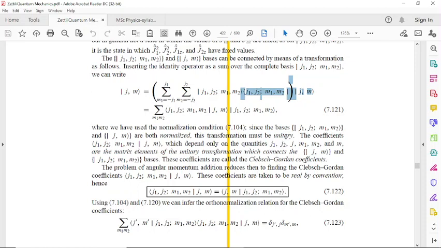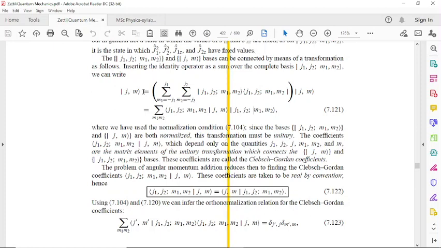The coefficients bra J1, J2, M1, M2, ket JM, which depend only on the quantities J1, J2, J, M1, M2 and M, are the matrix elements of the unitary transformation which connects the set of ket JM and the set of ket J1, J2, M1, M2 bases. These coefficients are called the Clebsch-Gordan coefficients.